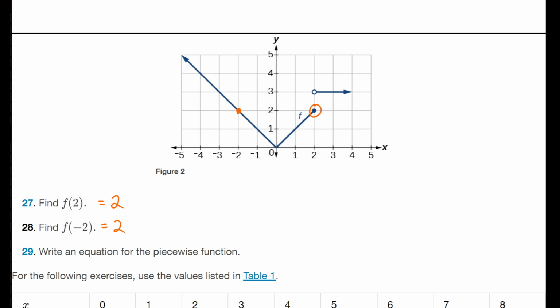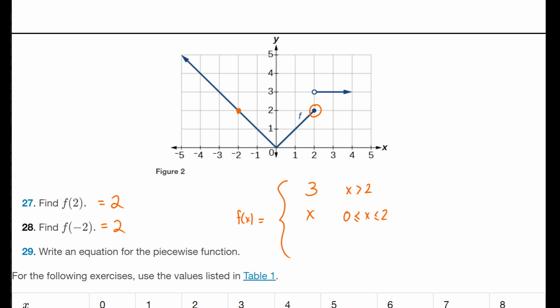Write an equation for the piecewise function. So f of x is doing a few things. When x is greater than 2, it's just a constant number, so it is 3. When x is between 0, and I guess we'll include it here, and 2 inclusive, it's just going from 0 to 2.